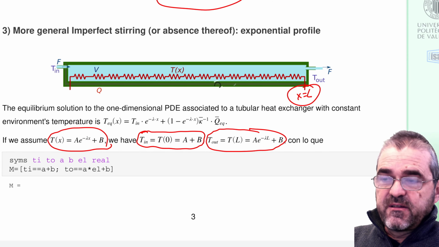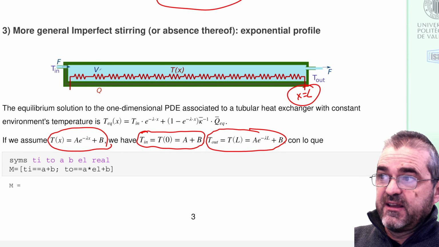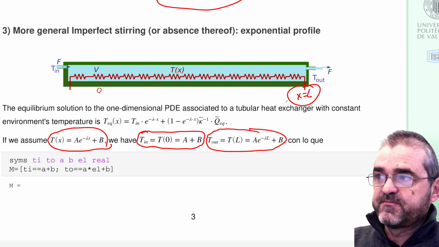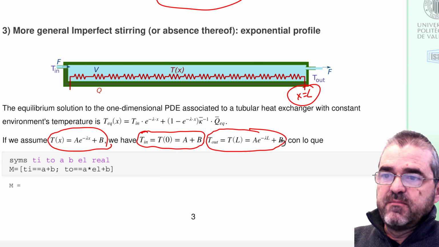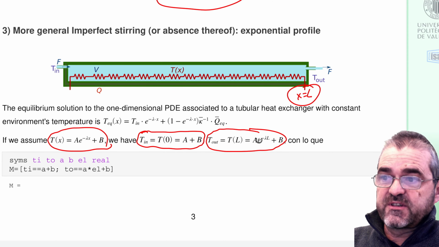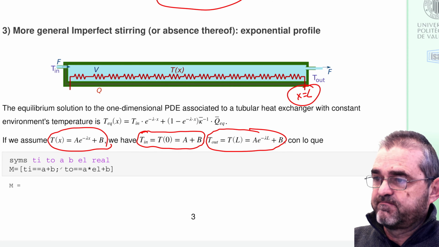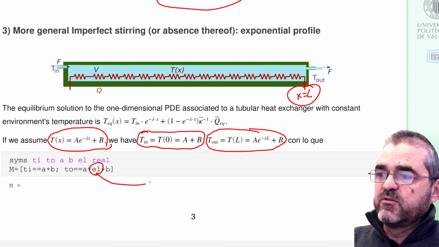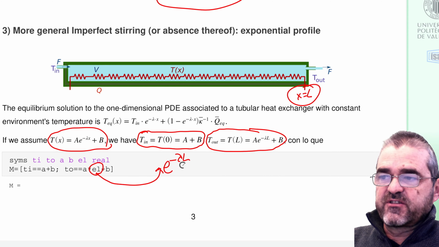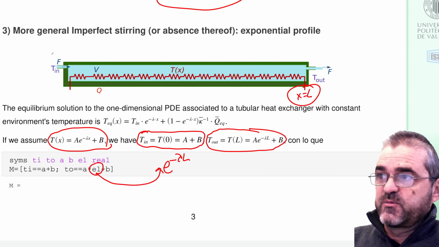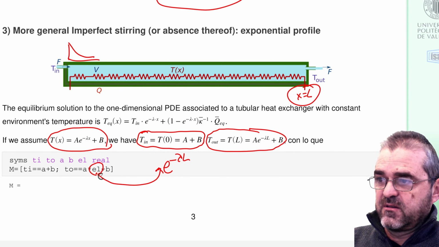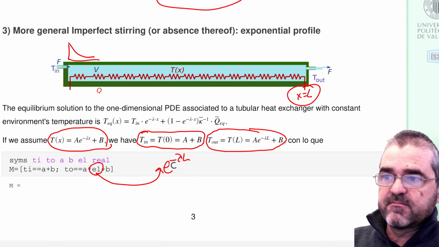When we operate this thing, we will know the inlet and outlet temperature, say with thermocouples, but we don't know A and B. However, we have two equations and two unknowns, A and B. So if I denote by L in MATLAB this exponential of some lambda, the exponential decay in length parameter, times the length, then this L means this thing.